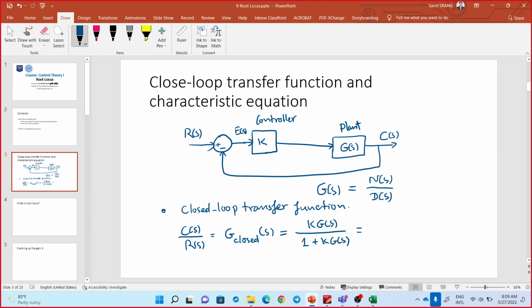If we want to use N of s and D of s, we can rewrite it as K N of s over D of s plus K N of s.